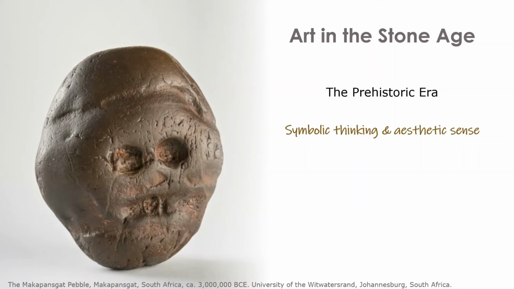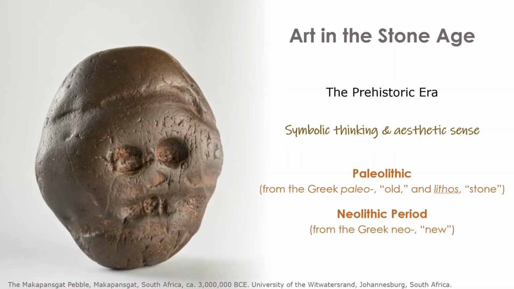19th century archaeologists found a lot of stone tools, weapons, and figures at ancient sites, so they named the whole period of early human development the Stone Age. Today, researchers divide the Stone Age into two parts, Paleolithic and Neolithic.